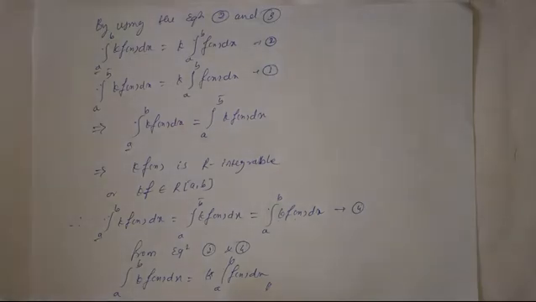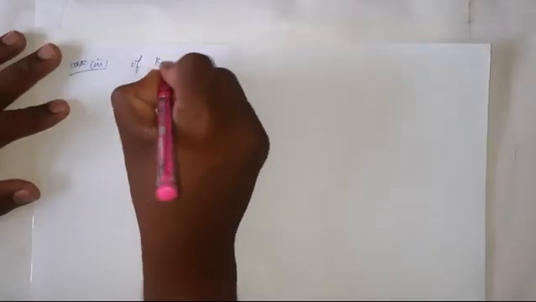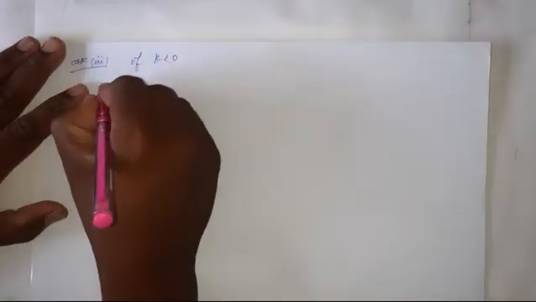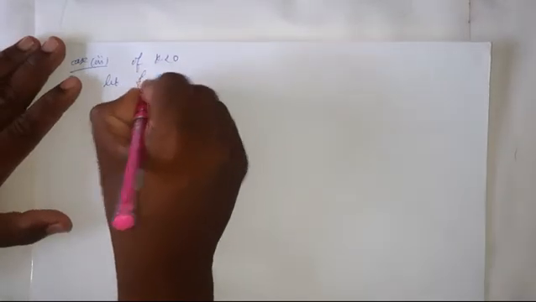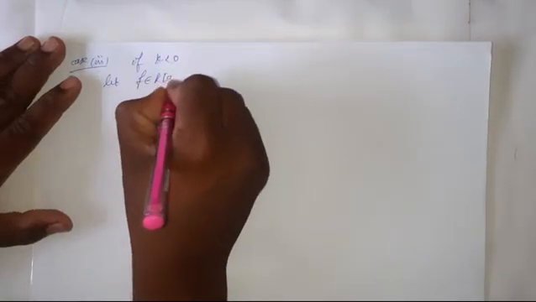And next we need to show the result for negative values of k. So therefore let us consider case 3. If k is less than 0, means if k is negative, then let us see what will happen. Now here it is given that f belongs to R of closed interval ab, means f is Riemann integrable.